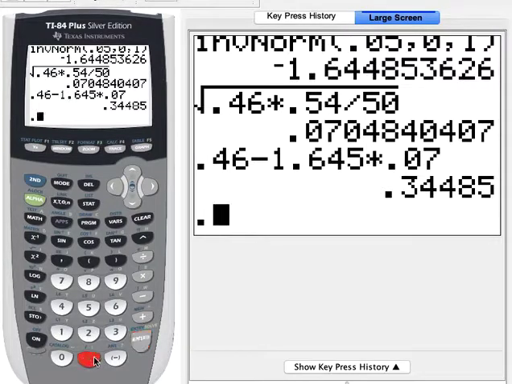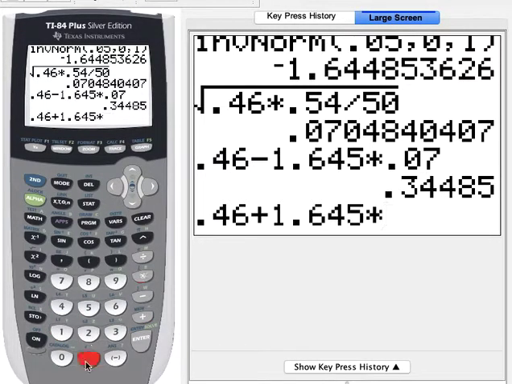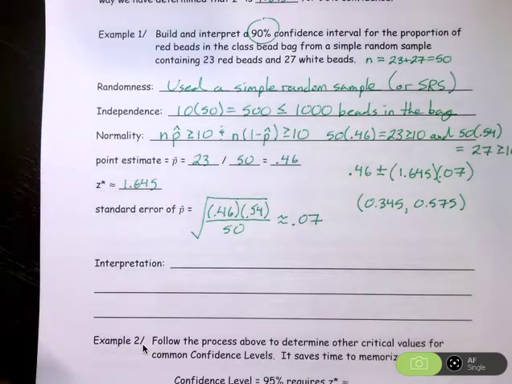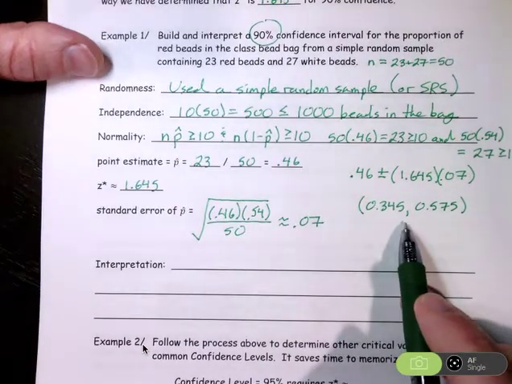And for the upper boundary, we'll take the 0.46 and add 1.645 times the standard error. That gives me an upper boundary of, we'll call that 0.575. And in this way, we've built our 90% confidence interval.